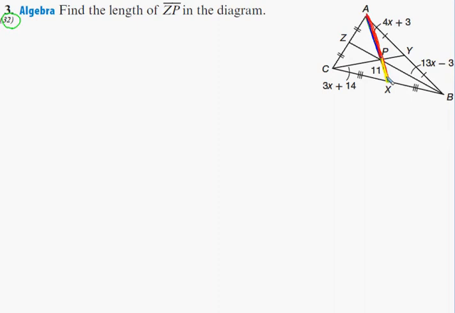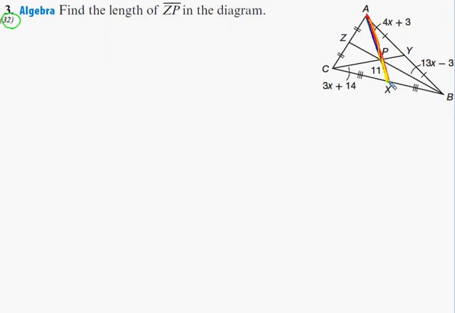So what we're really saying is that this length right here, AP, is twice as long as PX.